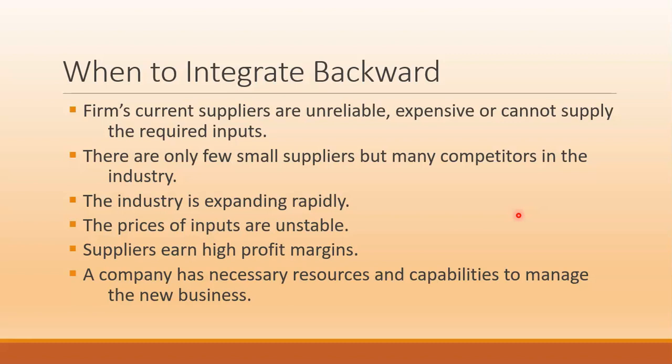Also, if suppliers earn high profit margins, it means the supplier providing the raw material is earning such a high margin that the firm figures that if they backward vertically integrate, they could be saving that money they are spending on their suppliers. Also, if a company has the necessary resources and capabilities to manage the new business, so the company has the scope. They have all the capabilities and resources that they need, so they will not be in a disadvantaged position if they decide to vertically integrate backward.